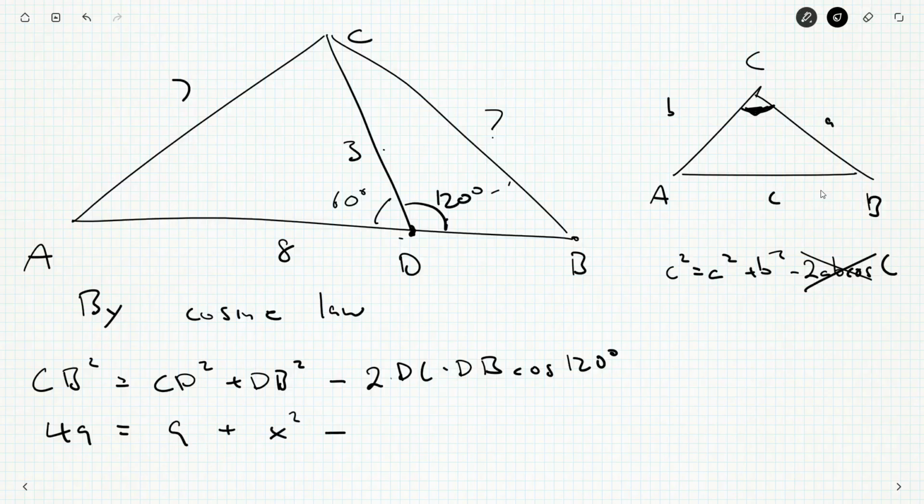So x squared minus 2 times 3, so let's say 6x. And what's cos of 120? Again, grab your calculator if you need to, but it's going to be 1/2. Okay. So this is 9 plus x squared minus 3x.